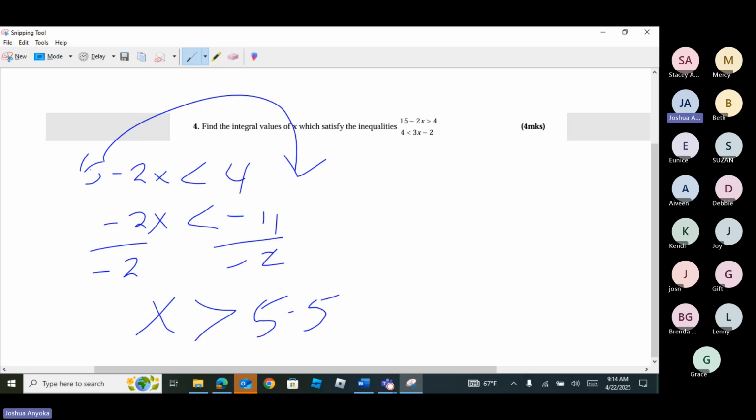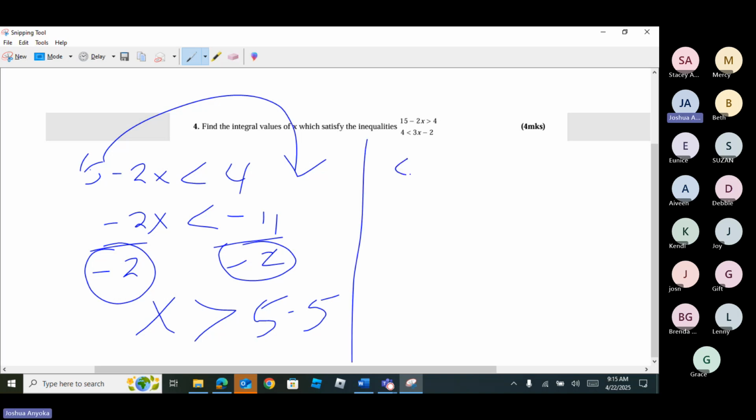I want you to note that when we divide by a negative, the inequality sign will change. Now it was less than, we make it greater than.